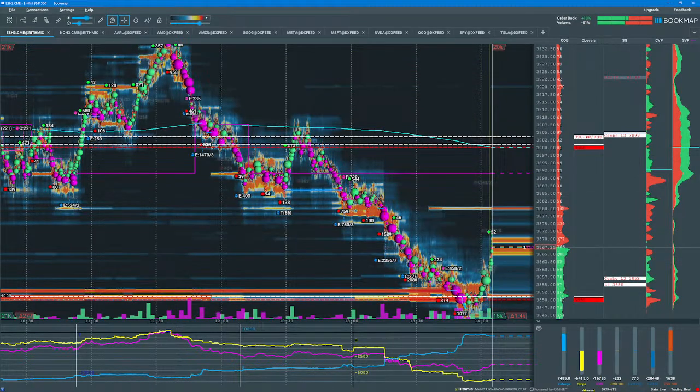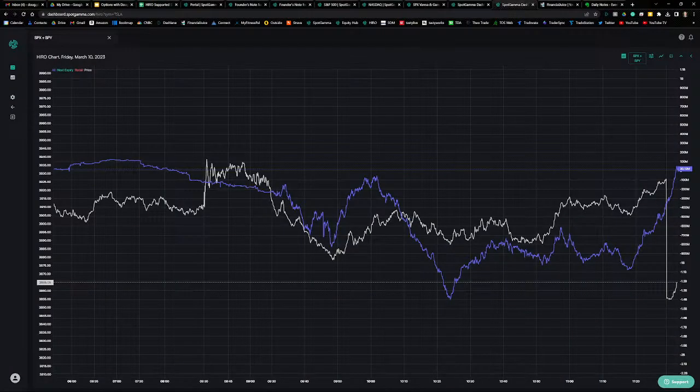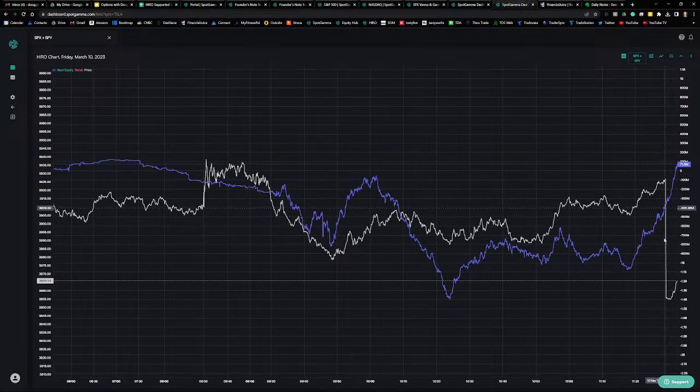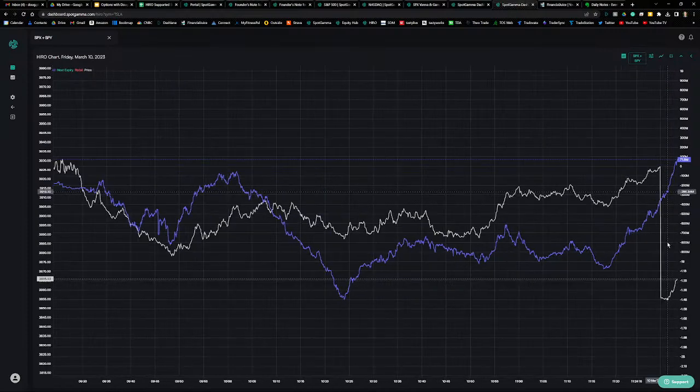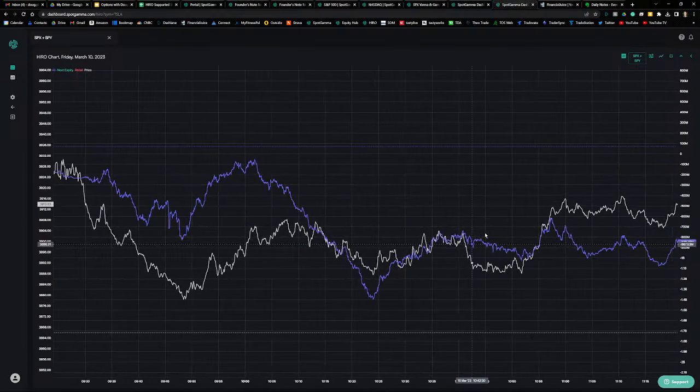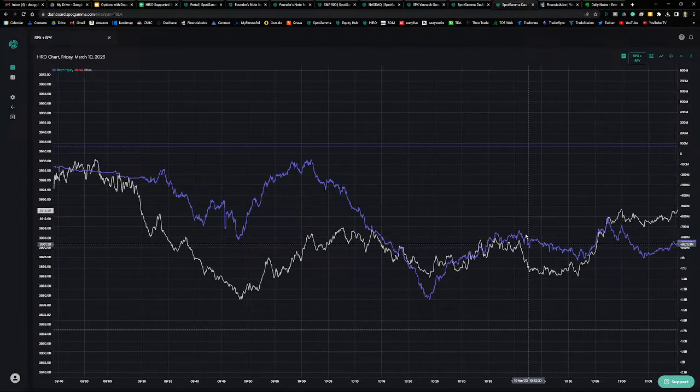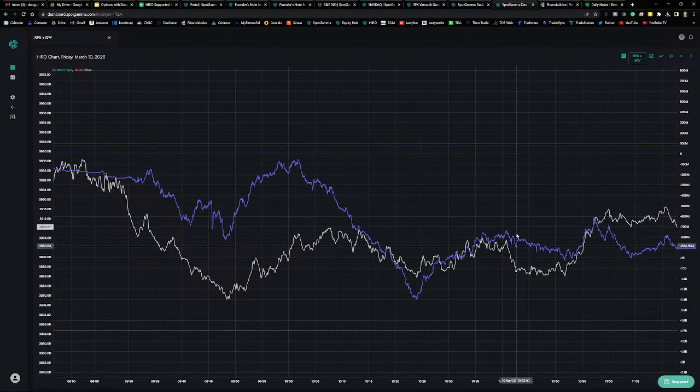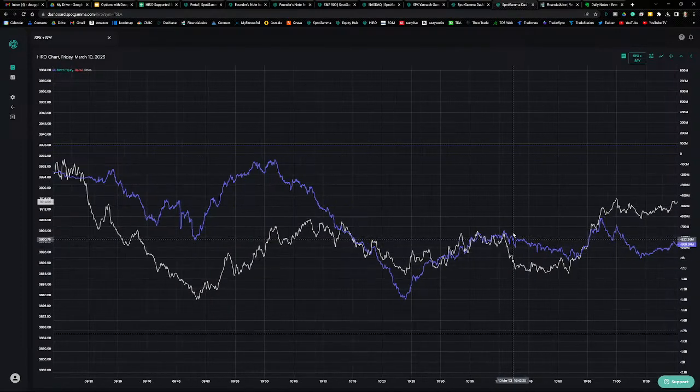So let's go back and take a look at Hero now, and this will show what options traders are doing. And this is kind of odd right here, this large bar. So I'm going to just scroll a little bit to the left. So that's out of the picture.